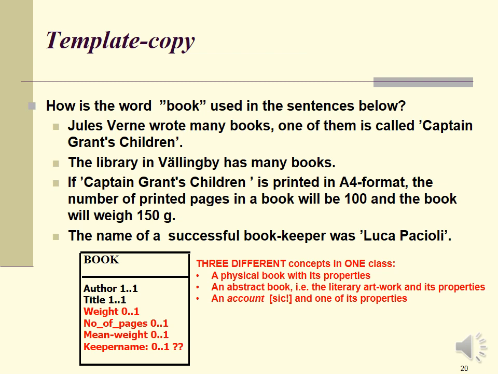But when it comes to abstract books and physical books, those are not subsets of books. They're different types of things, really. And printed books have certain properties that have not so much to do with abstract books. So let's look at another pattern, the template copy or power type.